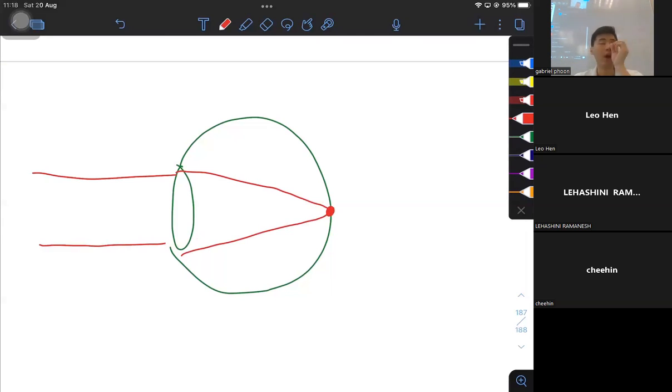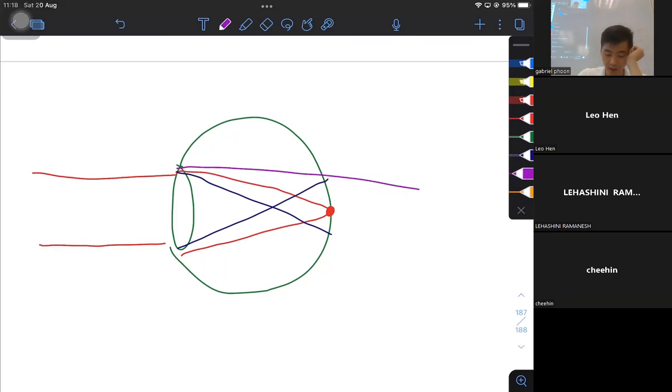But everyone else that is wearing glasses, which is more than 50% of the population, the light rays will go something like this. They will either converge in front of the eye or behind the eye, and this leads to short-sightedness or long-sightedness.